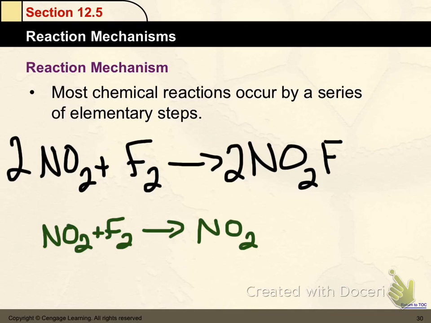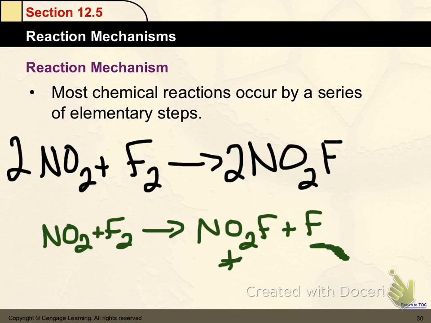We actually get NO2F plus fluorine. And the fluorine atom on the right side actually is all by itself. It doesn't attach to the resultant molecule for a small period of time.